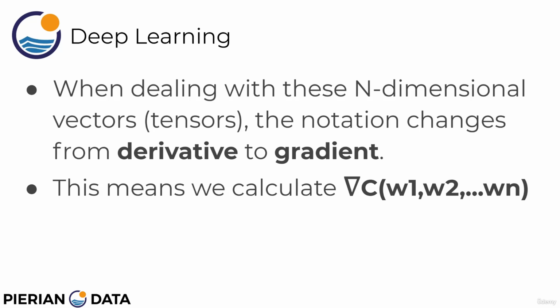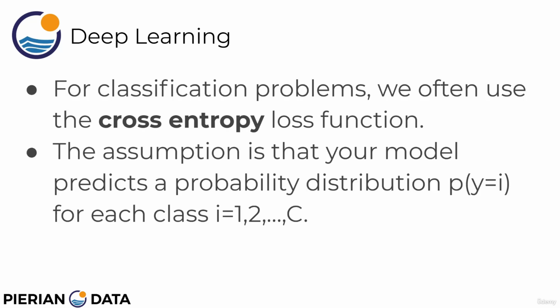Now, before we wrap up this lecture on loss or cost functions and gradient descent, I want to quickly mention that for classification problems, instead of using the quadratic cost function, we often use the cross entropy loss function.